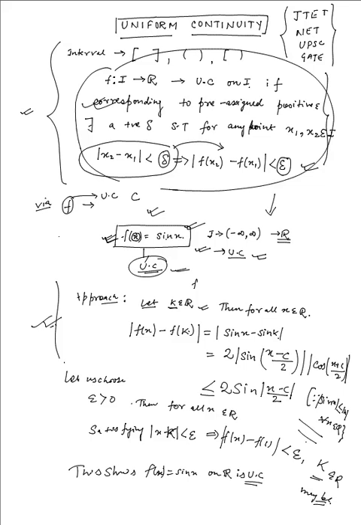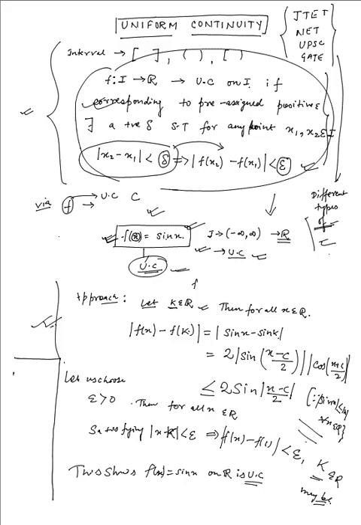So what you can do in this case is apply different types of cases. I'm giving examples of the different types of cases by which you can claim whether the function is uniformly continuous or not. Let me tell you one thing, I'm just showing it.